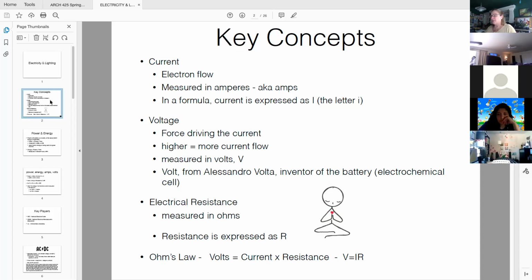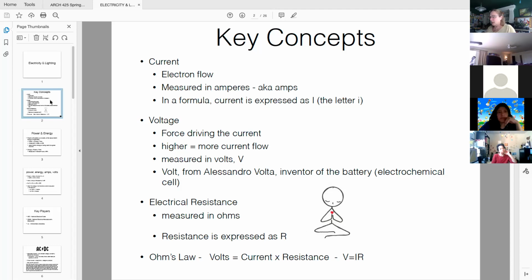If you think about water and how it flows through a pipe or a hose, electricity is very similar in terms of flowing through a wire. So the wire is the same thing as a pipe or the hose. And then the electrons that are the electricity part of it are flowing through that wire.